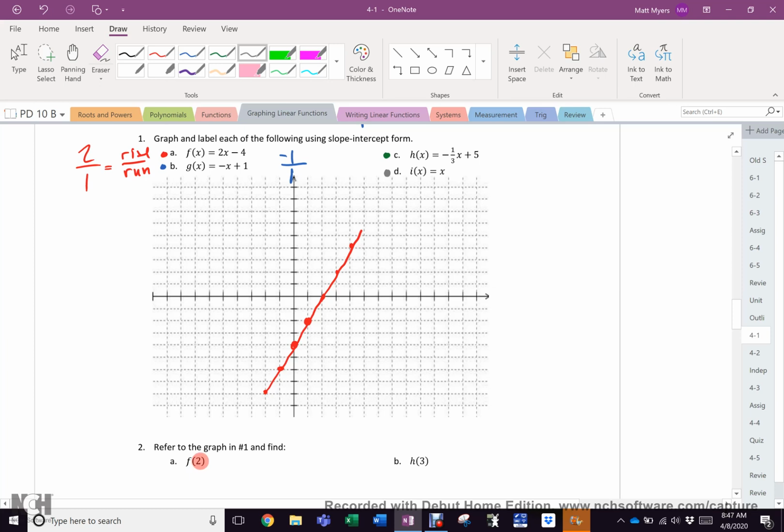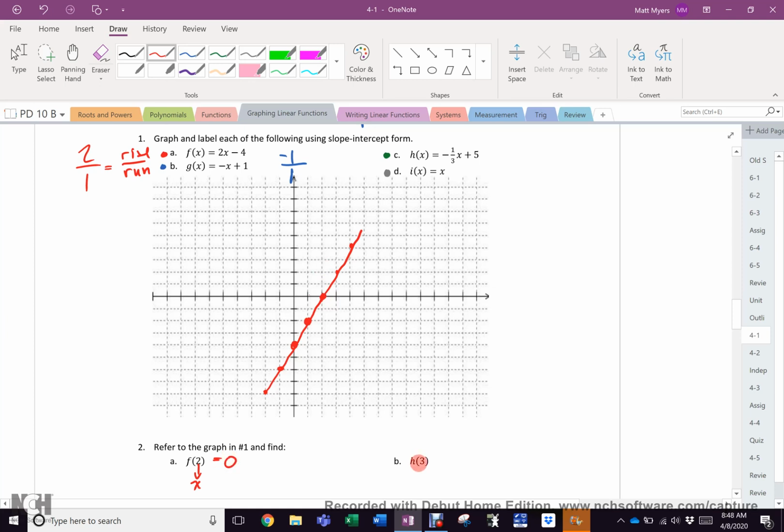Well, is that an x value or a y value? F of 2, f of x. That is an x value. So I go right to here and I see 1, 2. Oh, there it is. What's my y value there? 0.